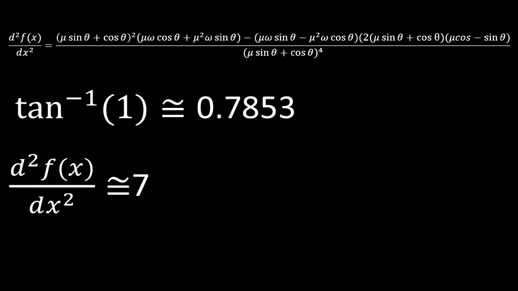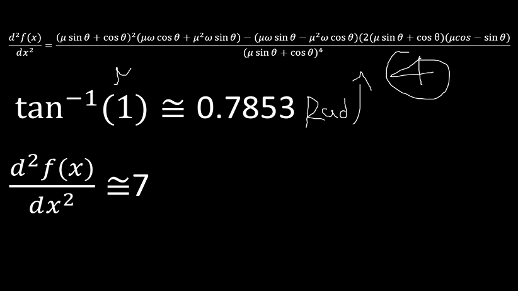So this is the last step, step 4. You have your derivative and the arctangent of 1, that is mu, is approximately 0.78 radians, and when you replace over here, I'm sorry, you get that the answer is more or less 7.